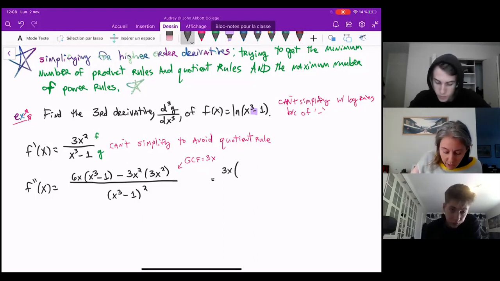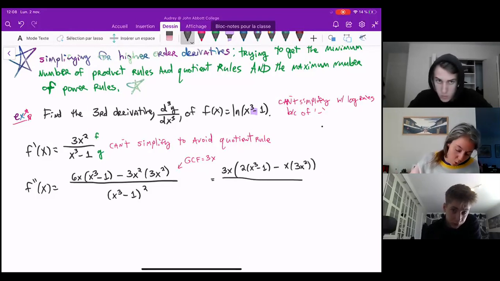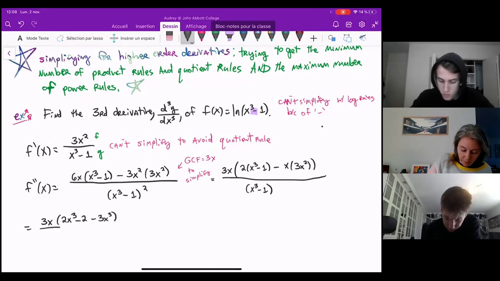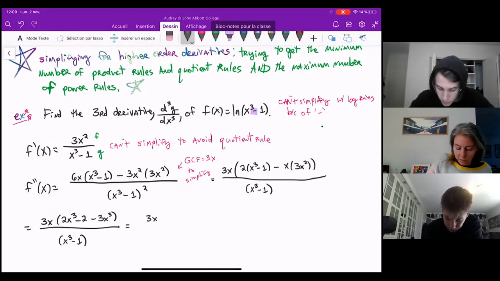that you think of since that's what we've done for simplification in the past. So when I factor out 3x, I have 2 times x cubed minus 1 minus x times 3x squared over x cubed minus 1, which gives me 3x times 2x cubed minus 2 minus 3x cubed over x cubed minus 1, which gives me 3x times minus x cubed minus 2.